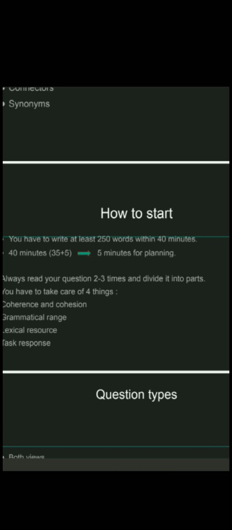When you are sitting in the exam and doing your writing task, it is just 1 hour and you will not be able to know how that time passes. So just focus on making ideas as soon as possible and start writing.